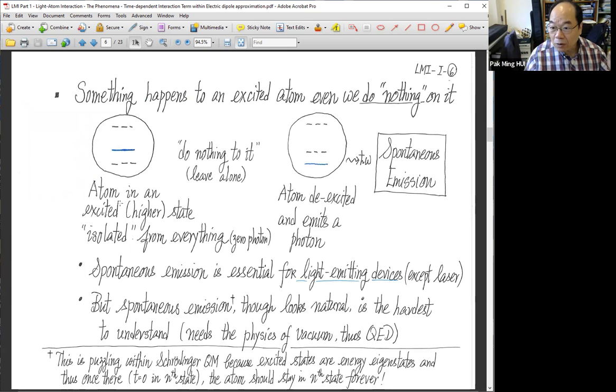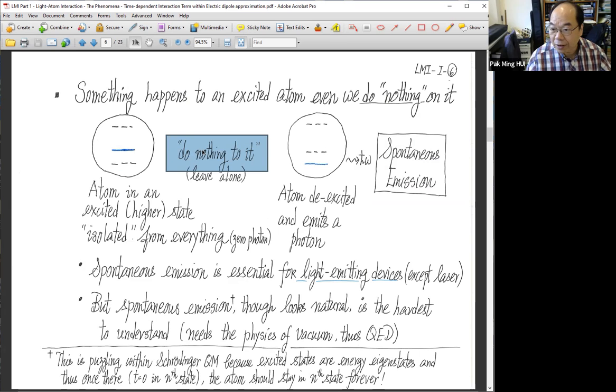There is something that looks very natural, but within Schrödinger quantum mechanics, it is more difficult to explain. This natural thing is spontaneous emission. The phenomenon is as such. We have an excited atom to start with. We do nothing to it. That is to say, there's no incident light.